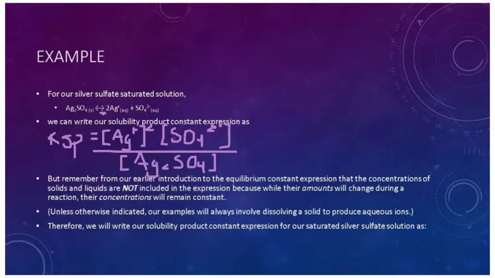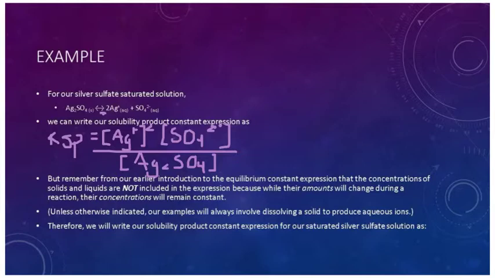Okay, but remember from our early introduction into equilibrium constant expressions that the concentrations of solids and liquids are not included in the expression because their amounts will change during a reaction and their concentrations will remain constant. Unless otherwise indicated, our examples will always involve dissolving solids to produce aqueous ions.